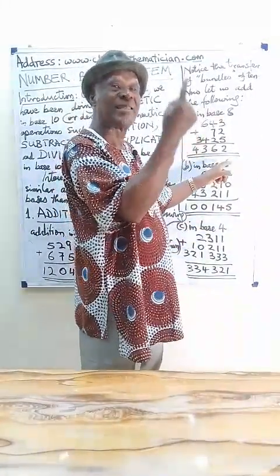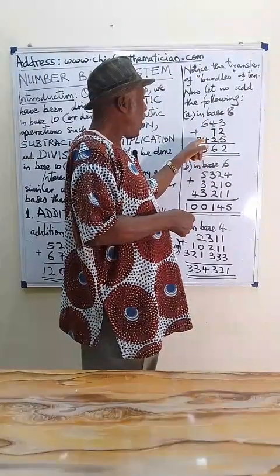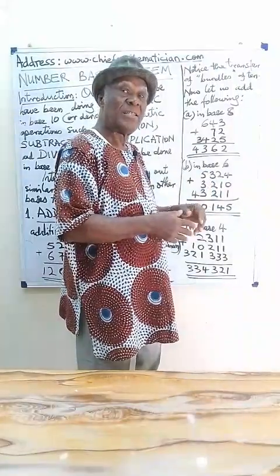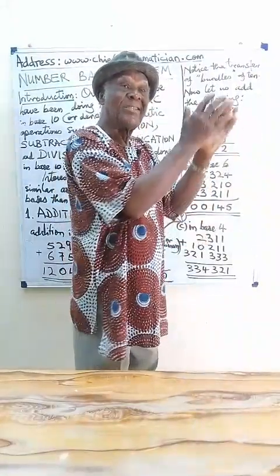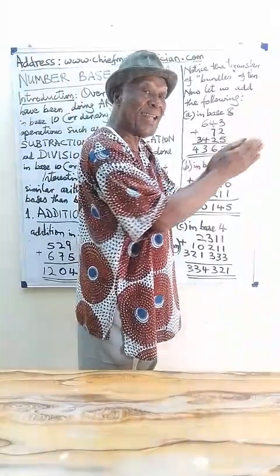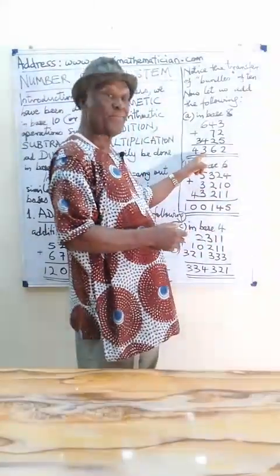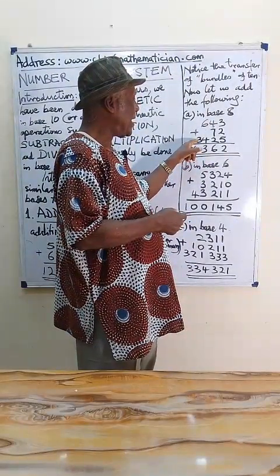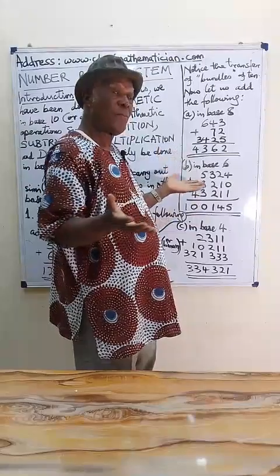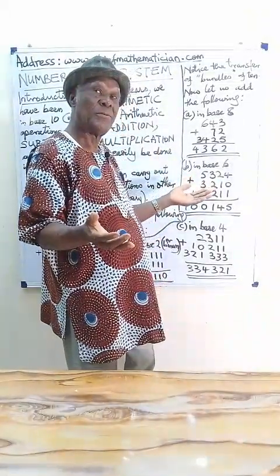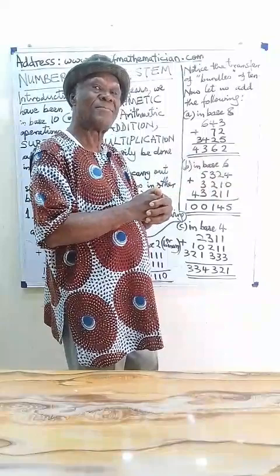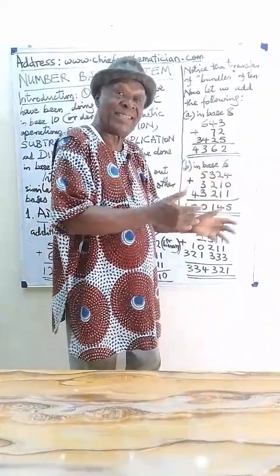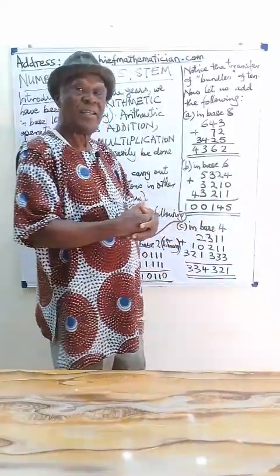The one you are carrying represents 8. 1 plus 4, 5, plus 6, 11. 11 in base 8 is one bundle of 8, remainder 3. You put down the 3 and carry one bundle of 8. Add that one to 3, you get 4. And you have completed the addition, this time in base 8. You can see that we are trying to imitate exactly what we did in base 10.